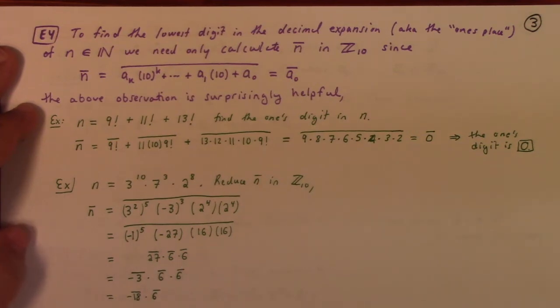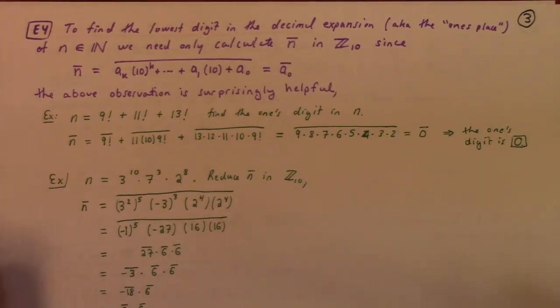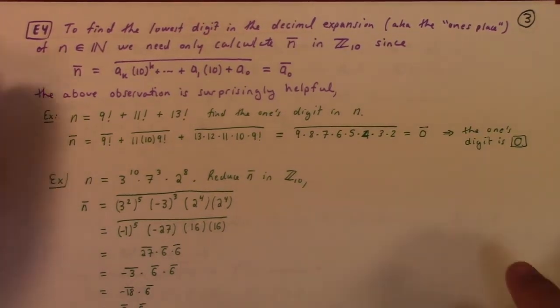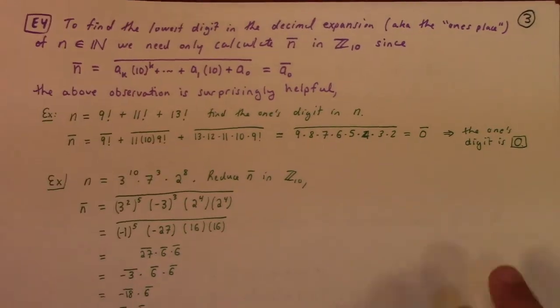And minus 18, so that gives you 3 times 6 is minus 18. And then minus 18 is congruent to 2? Oh yeah, if I add 20, that's congruent to 2, which is congruent to 12, which is then simplifying down to 2 bar. So the ones digit in this guy is 2. Yeah, that's kind of neat, right? That's kind of neat.